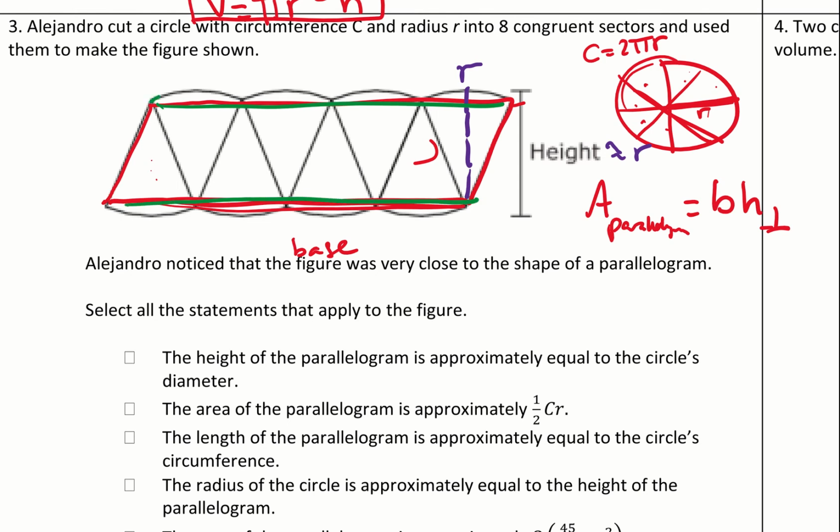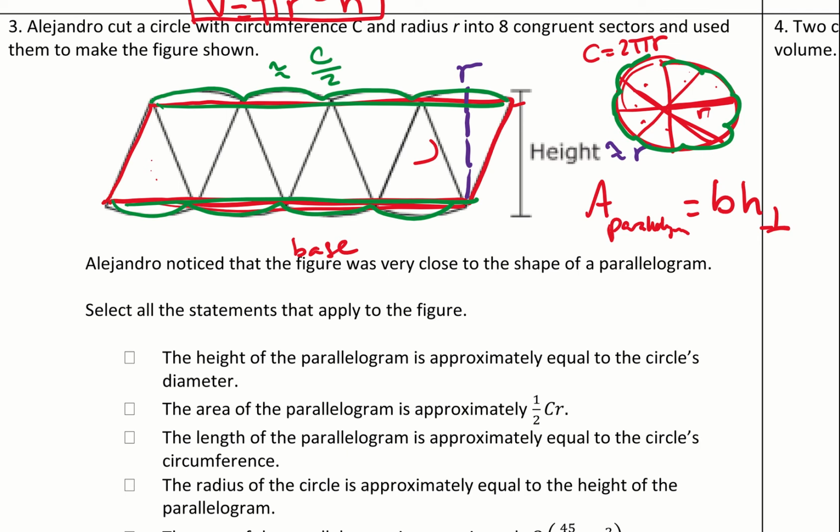Because if I take each of these sectors and add them all together, they should make the full circle. This sector, this sector, this sector, and there's 8 of them. And I only got 4 here, which means that the length of this parallelogram is approximately equal to half of the circumference. And so there's your formula.